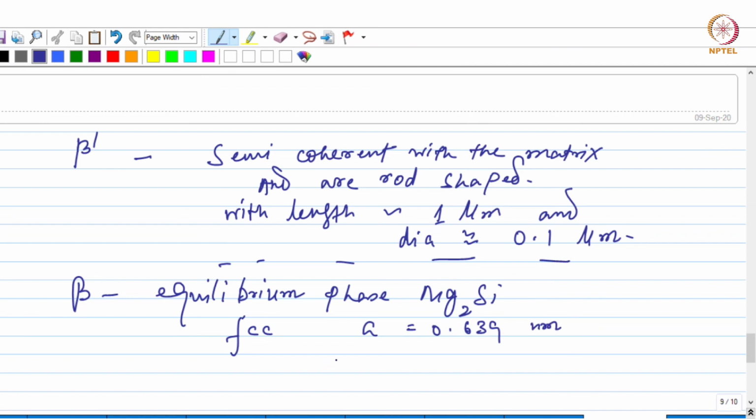And in terms of the morphology, the beta phase is plate shaped. Okay, so this is about the 6000 series alloys. And with that, we come to the end of this lecture. Thank you for your attention.